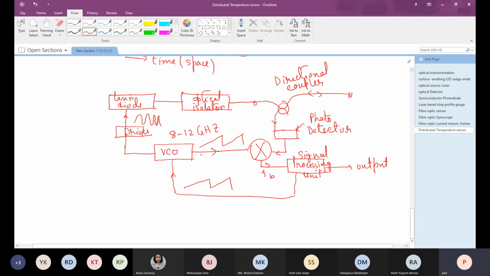So basically whatever the frequency is used to drive the laser diode through this driver, that is fed to this multiplier, and also we are taking the photodetector output and multiplying it after some preamplification.